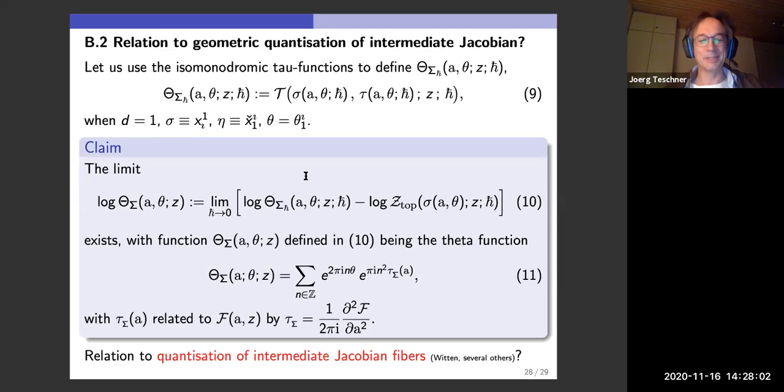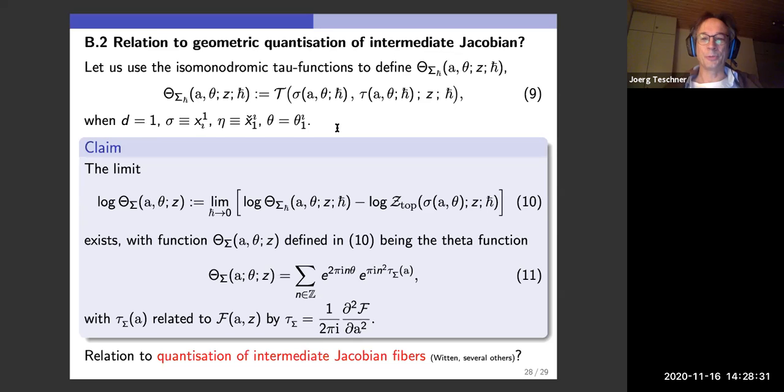And then, this one is perhaps, what have people also done? There was the idea that the wave function description of the topological string should come from the quantization of H3, or maybe the lattice in it, which is the intermediate Jacobian.